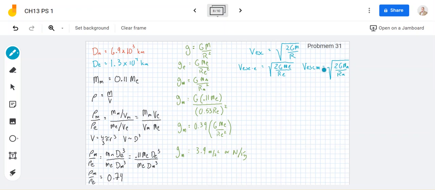So escape speed of Earth, escape speed of Mars. We're going to use the same substitution we did down here, where the mass of Mars is 0.11 times the mass of the Earth, and the radius of Mars is 0.53 times the radius of Earth.